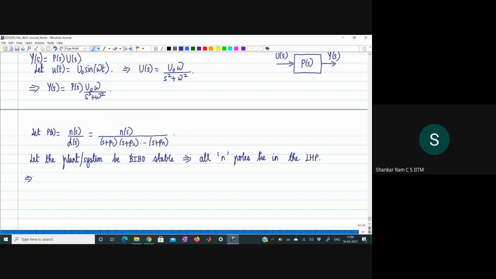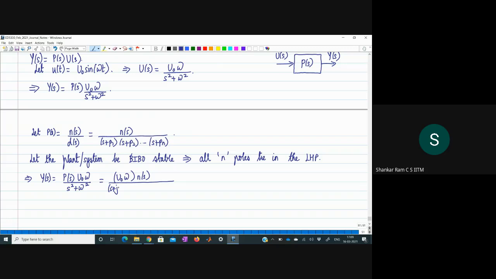So this implies that Y of S, which we wrote as P of S times U naught omega divided by S square plus omega square, we can rewrite as U naught omega multiplied by N of S divided by S squared plus omega squared.